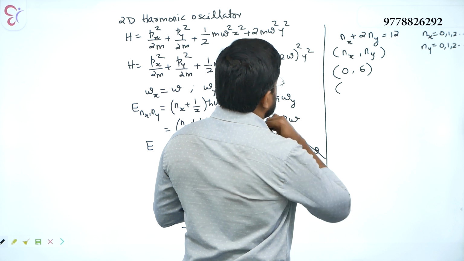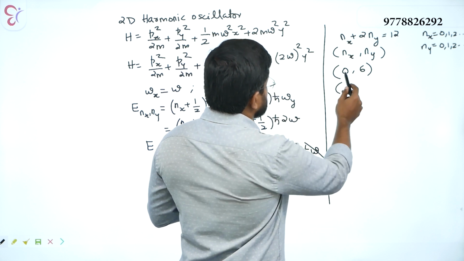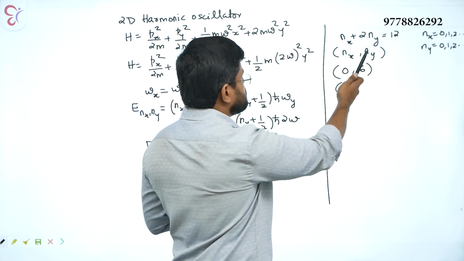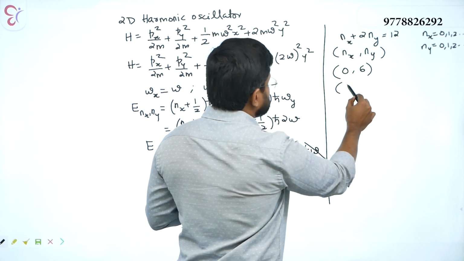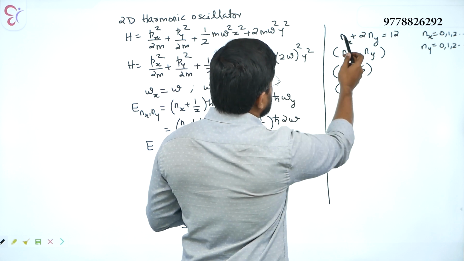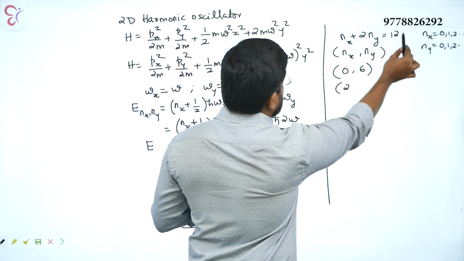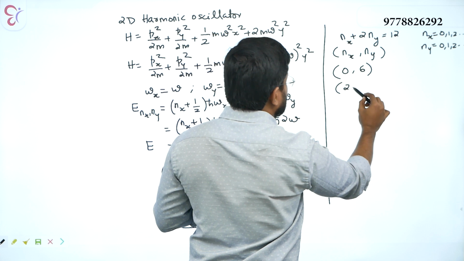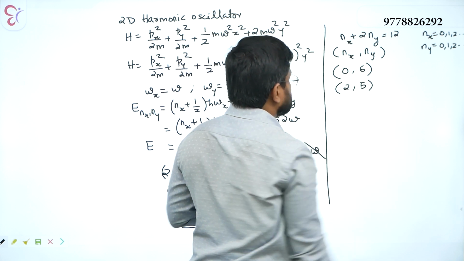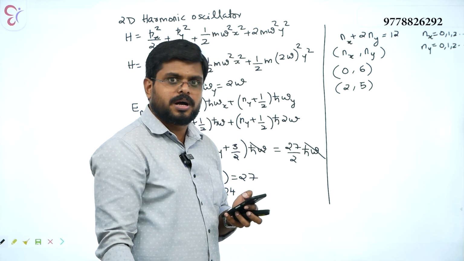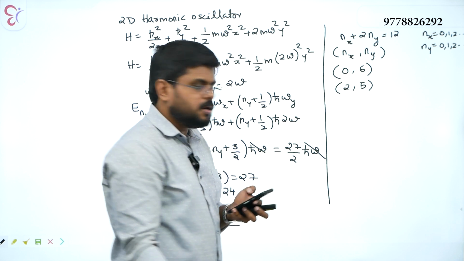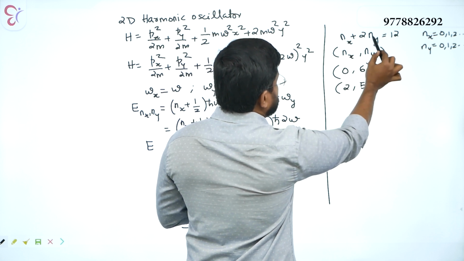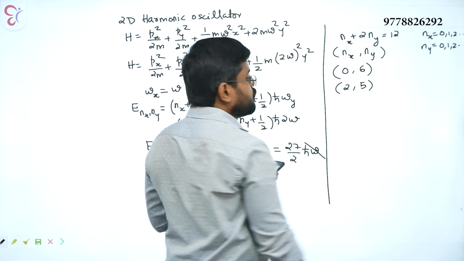Then what is the second value? If I substitute 1, 1 plus 2ny will not give 12, so nothing. So next I am substituting 2. So 2 plus 2ny equals 12, so 2ny equals 10, so ny equals 5. 2, 5, isn't it?